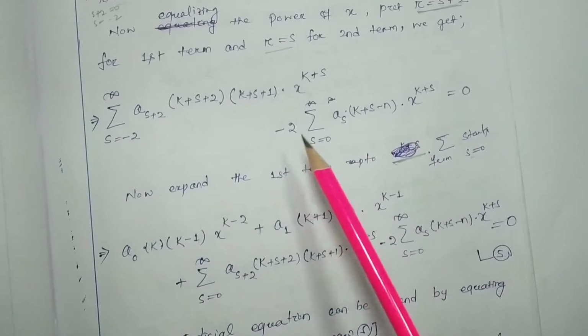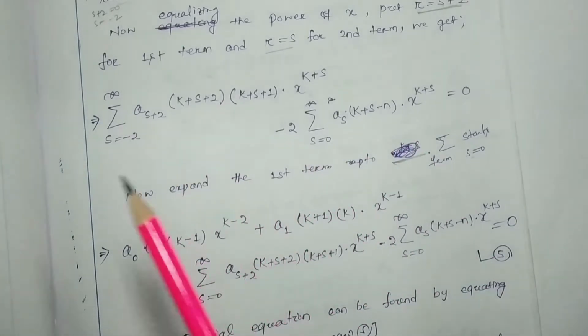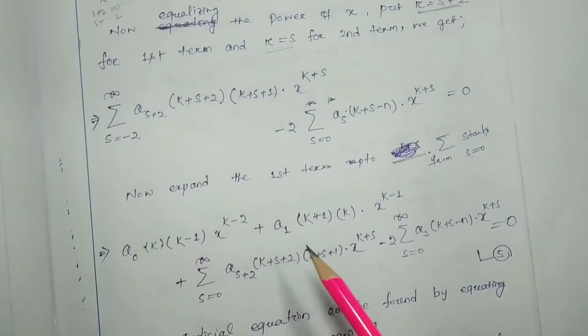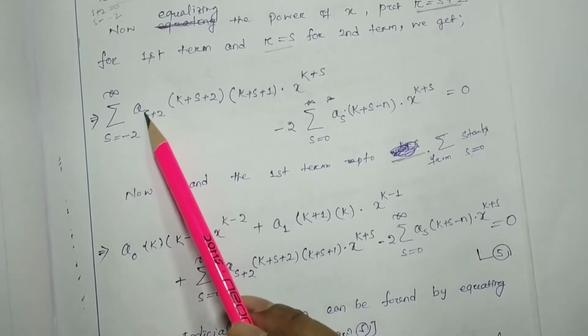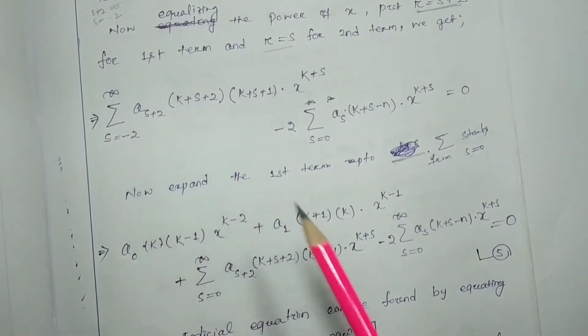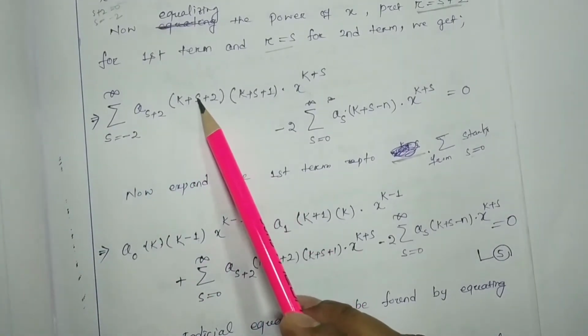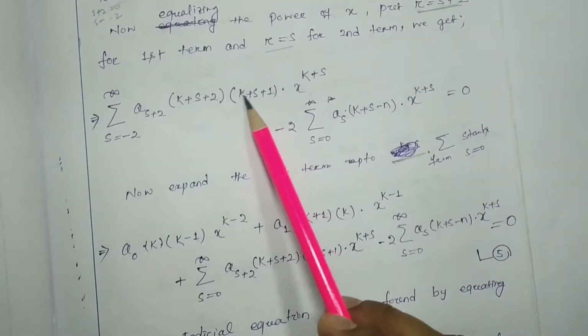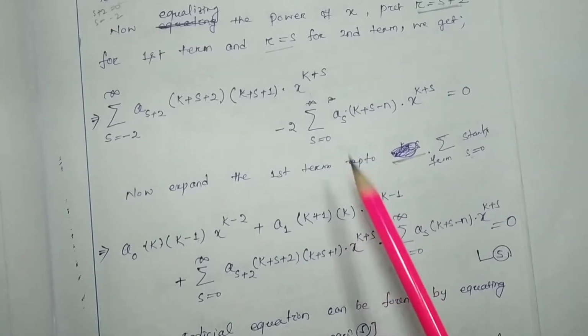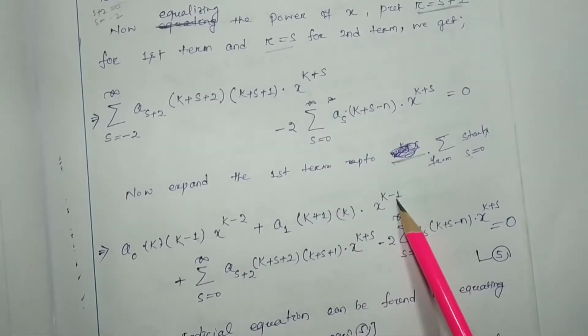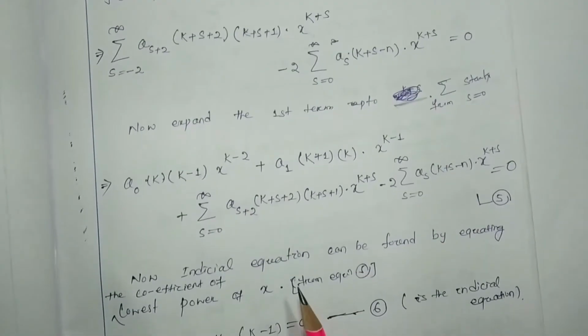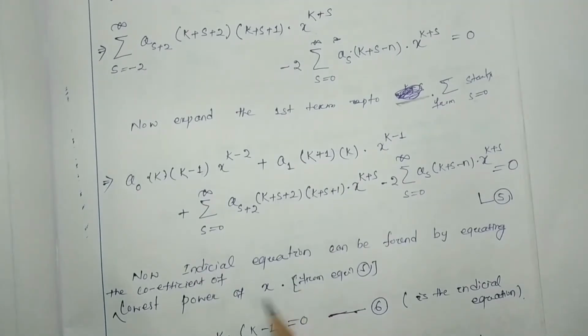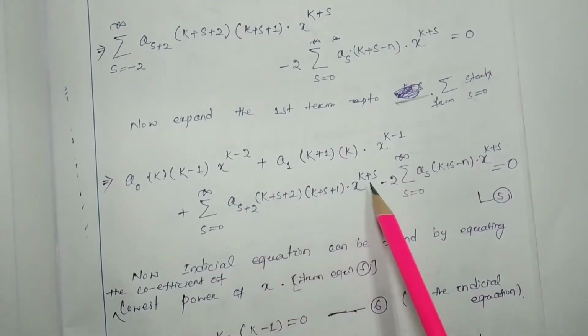Then the next term will be s equal to minus 1. So putting minus 1 over here, it will be a1, and minus 1 means it will be k plus 1, minus 1, so it will be k, x to the power k minus 1. Next term will be s equal to 0, and it will continue up to infinity.